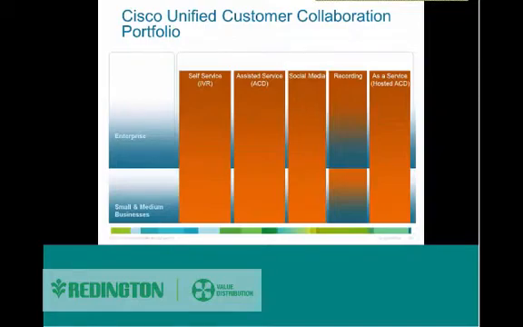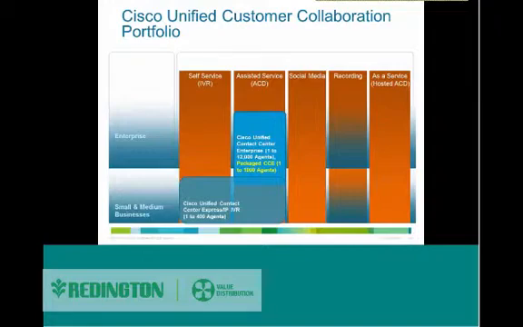On the Cisco Unified Customer Collaboration, we have small and medium business and the enterprise business. The Contact Center Express and IP IVR can support up to 400 agents, and the Contact Center Enterprise can support up to 12,000 agents, and it's like 1,000 agents per Contact Center Express.